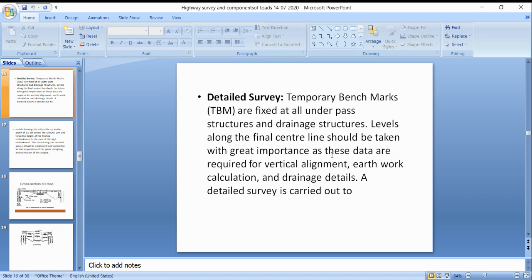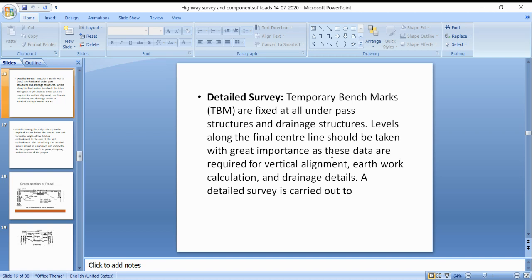In the final location, whatever we surveyed in the preliminary survey, we have given all the levels, and by that we have calculated the estimation of the earthwork. There we have to prepare the working drawings also, and we have to give the detailed estimation in the final survey.